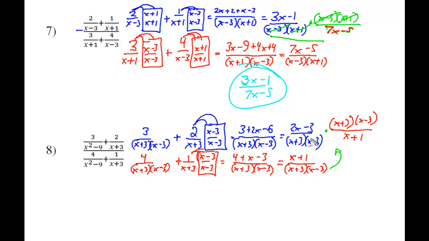Crisscross cancel time. So we're going to simplify the problem by looking at this. The x plus 3's go away, the x minus 3 goes away, and so now I have my 2x minus 3 over x plus 1. That's my final answer, problem number 8.